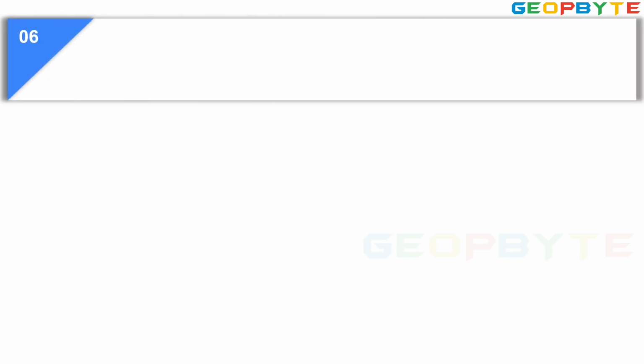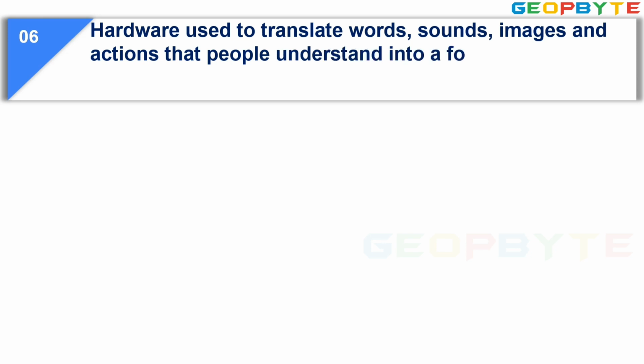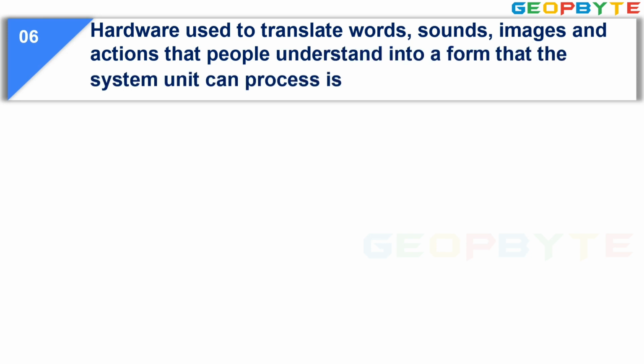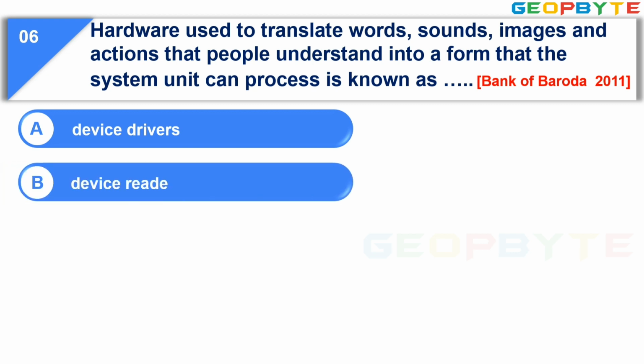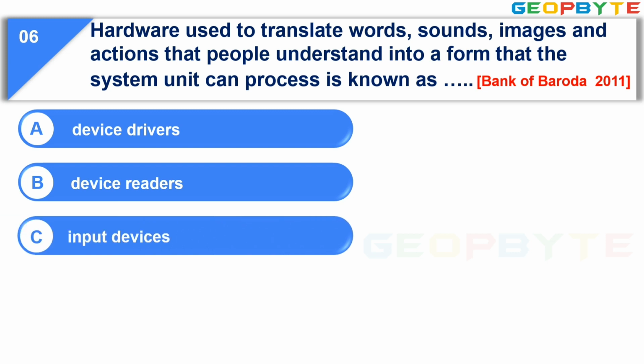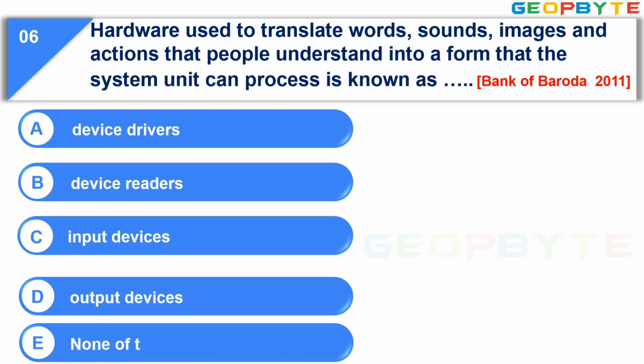Next, moving to question number 6. Hardware used to translate words, sounds, images, and actions that people understand into a form that the system unit can process is known as option A, device drivers, option B, device readers, option C, input devices, option D, output devices, option E, none of these.